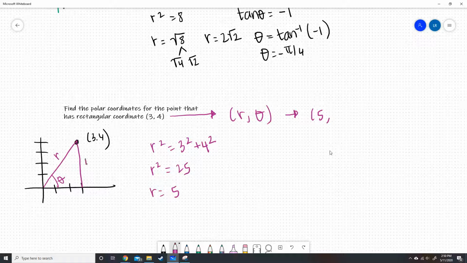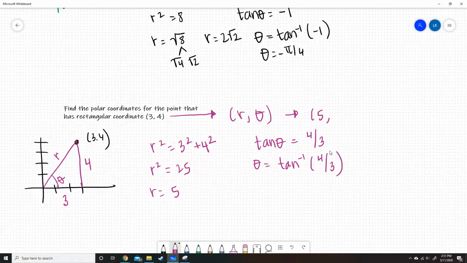Well, my vertical component is 4, my horizontal component is 3, and so tangent of theta is opposite over adjacent. So to get theta alone, I would have to do the inverse tangent of 4 over 3.